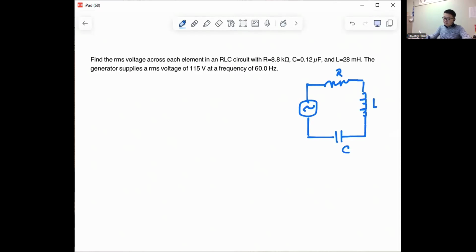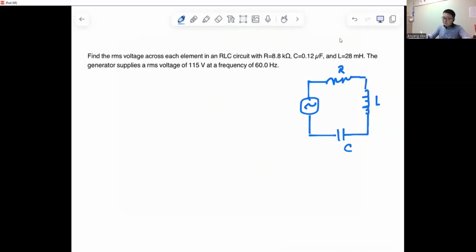All right, so to find the VRMS on each of them, we can find the RMS current for the total. The strategy is to find IRMS, because VRMS for the R is IRMS times R, and we are given R, so we can do that.